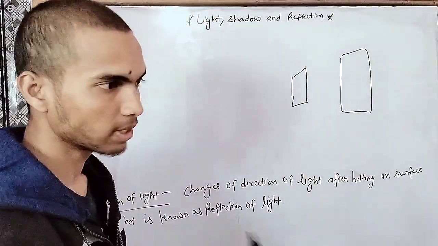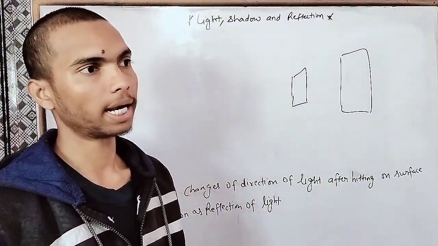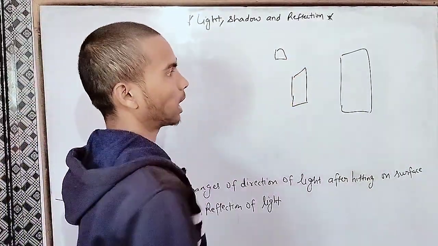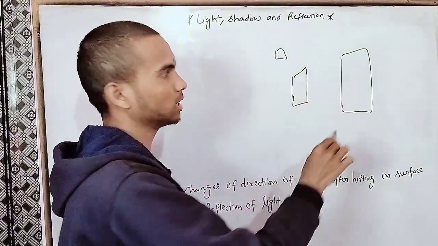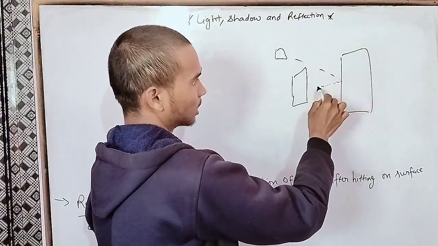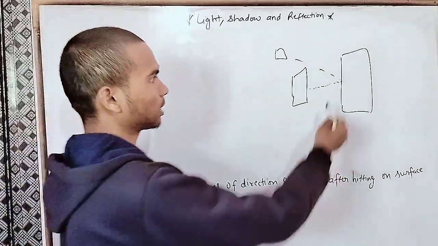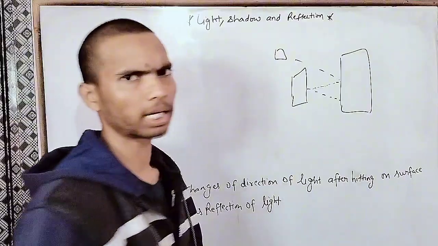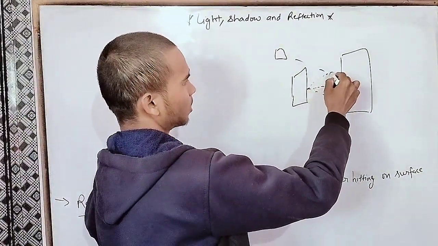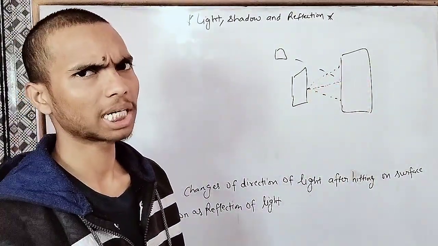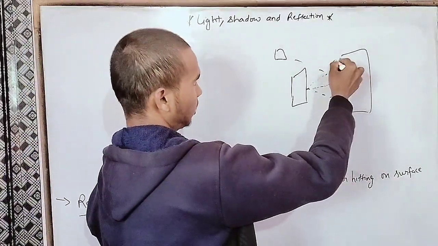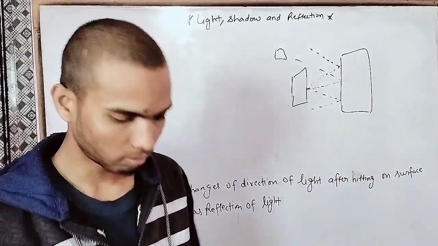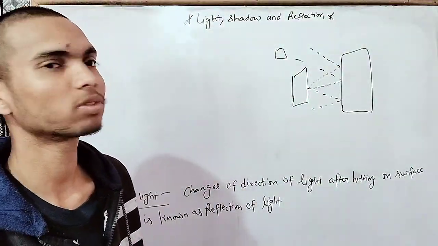Light from a source comes and hits the surface of this object like this, then turns into another direction, hits us, then again turns into another direction and gets reflected. So this is how a mirror forms our image.